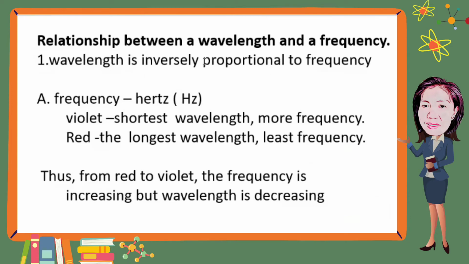This means that wavelength is inversely proportional to frequency. What does it mean? When the wavelength is greater, the frequency is lesser. Meaning the lesser wavelength, the greater frequency. Okay? The greater wavelength, the lesser frequency. So, in terms of frequency, from red to purple, the frequency is increasing but the wavelength is decreasing.